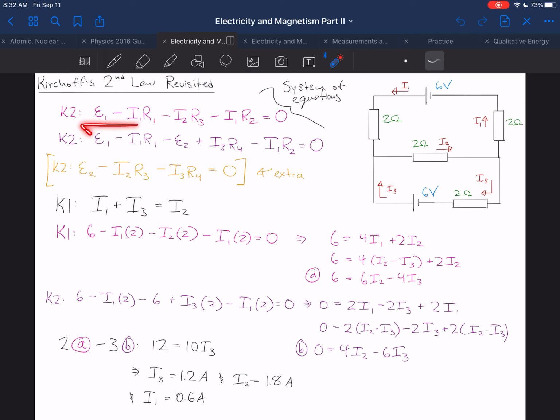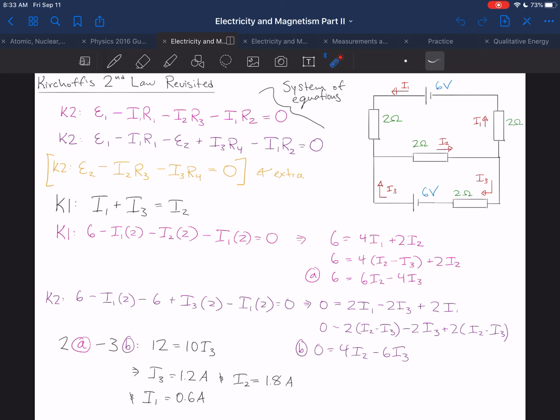So the equation is up EMF 1, down I1 R1, down I2 R3, down I1 R2. Okay, so our first loop is fairly straightforward. All the currents and the EMF in that loop behave normally.